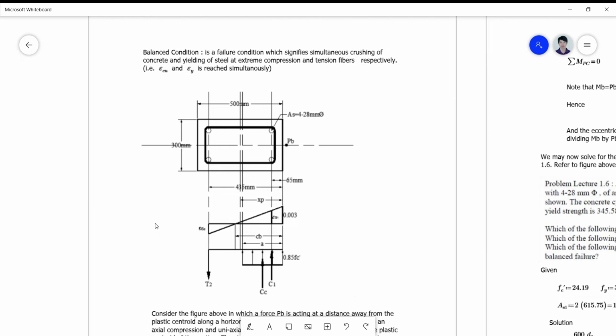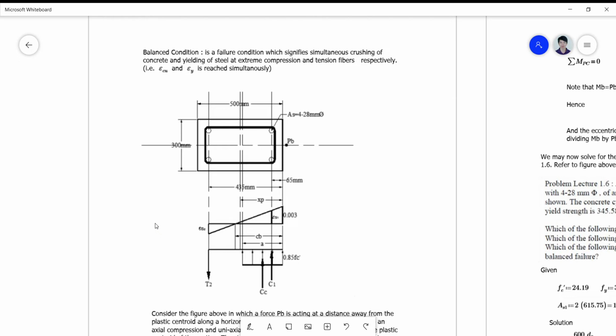Today we will be proceeding with our discussion on eccentrically loaded columns. And it is very important to understand first what the balance condition is all about before we can take off the computation on the moment capacity of columns.